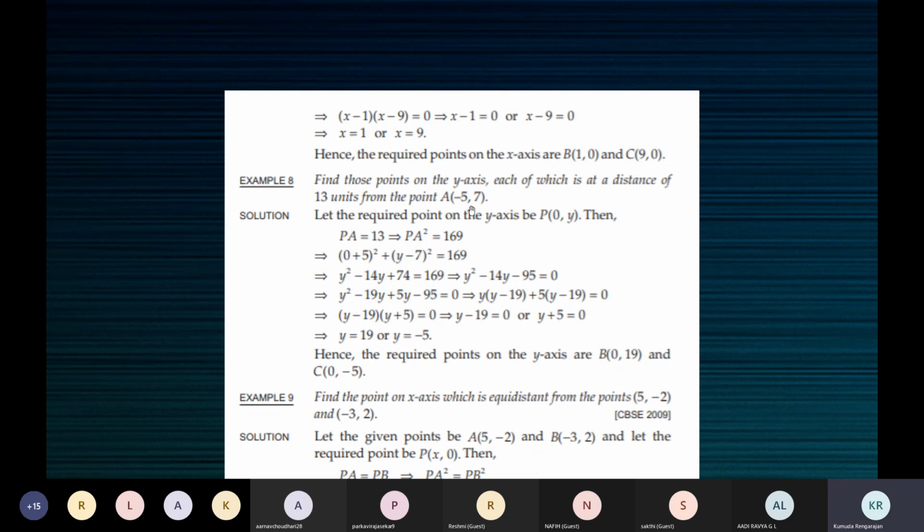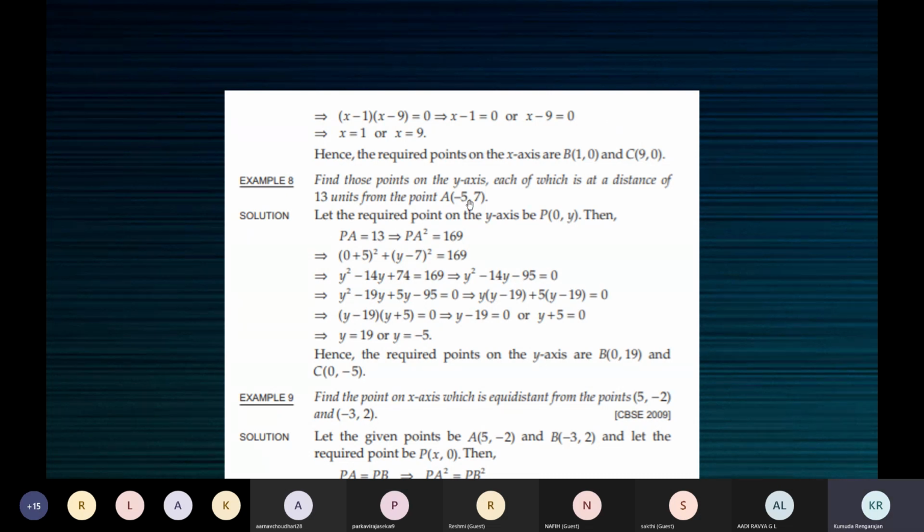So here you know one point A given by (-5, 7). There is more than one point, but you assume only one point. If there are 2 or more points, you will get the addresses just by assuming one point like this, because you will get 2 values for y.